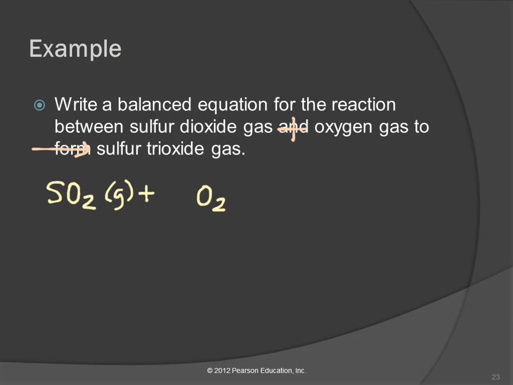So its formula is O2. To form sulfur trioxide. So that's SO3. And we're told that that is also a gas. So that's from chapter 5, taking names and writing chemical formulas.